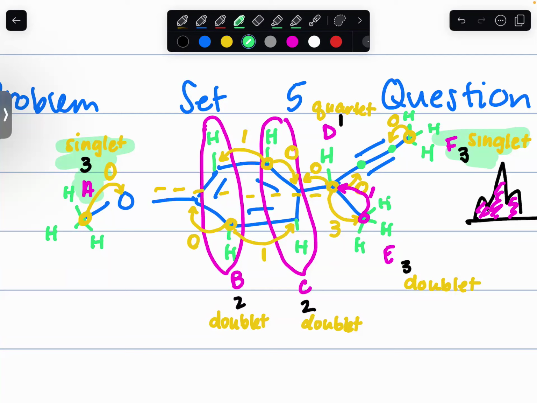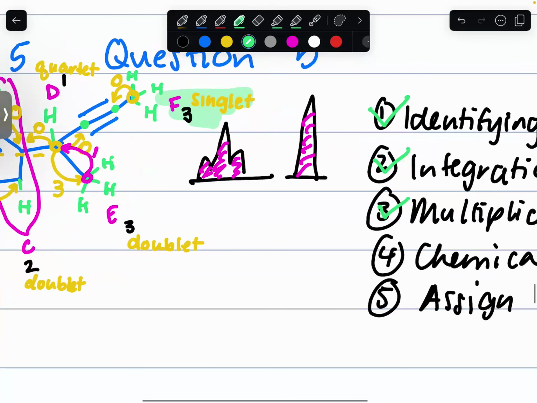And it will always change it in the downfield. So that means that the number will be higher. So we can now look at our chemical shift, which I would have to pull up the table for. But that table will be given to you. You don't have to memorize what chemical shifts mean what.